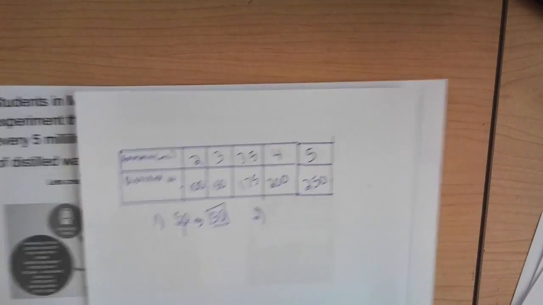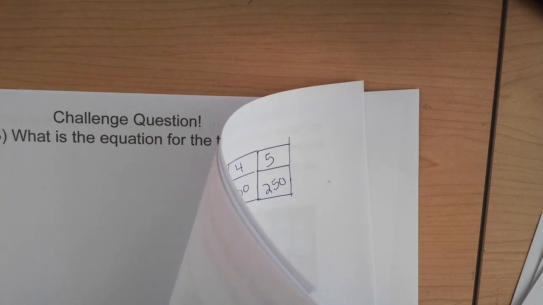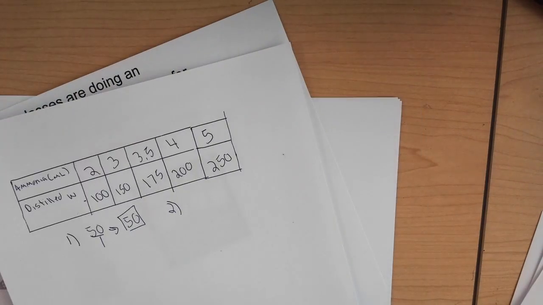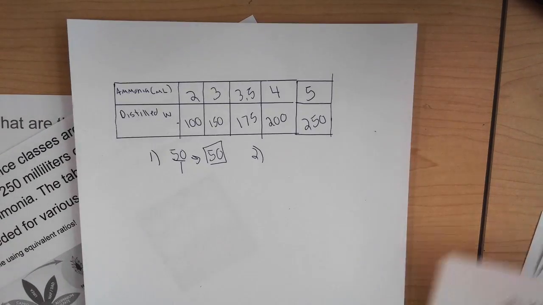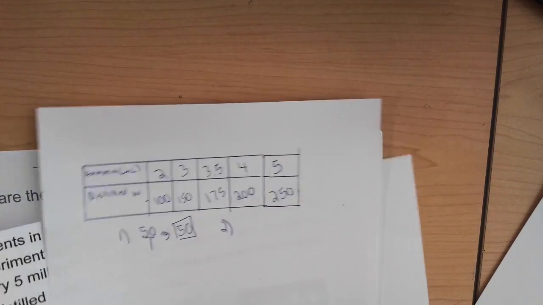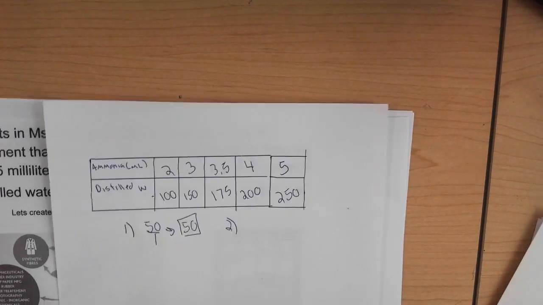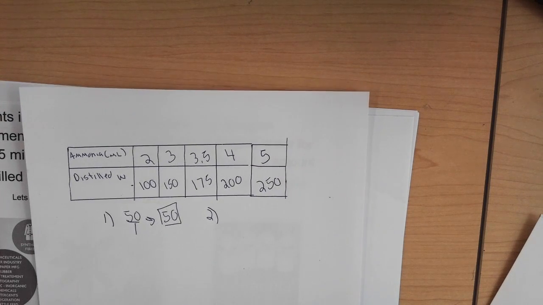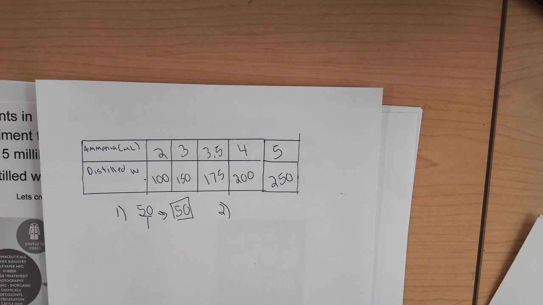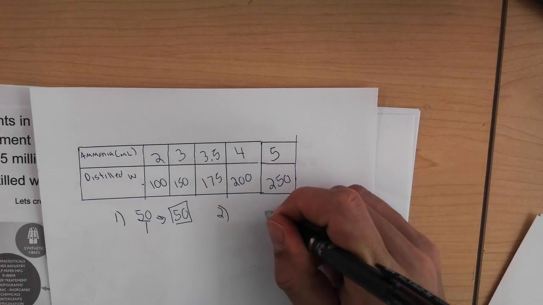Number 2. What is the equation for this table? Well, we know our rate of change is 50.